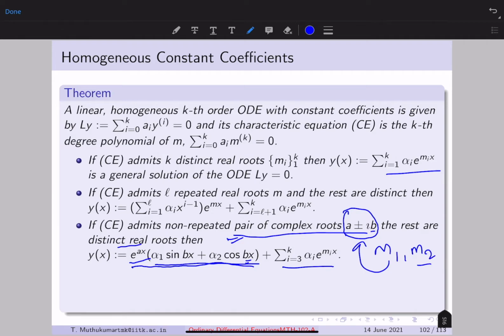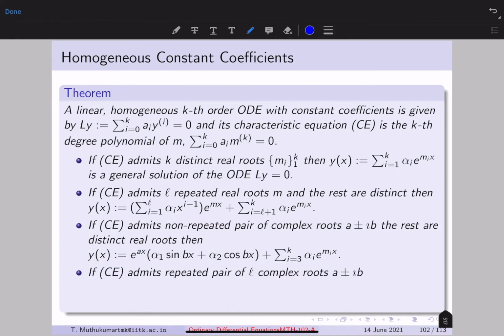So alpha 1, alpha 2 is appearing here and the rest of them for distinct roots. If in this situation you also had repeated real roots, you add in those corresponding terms. Okay, so that is the general solution for a non-repeated pair of complex roots.